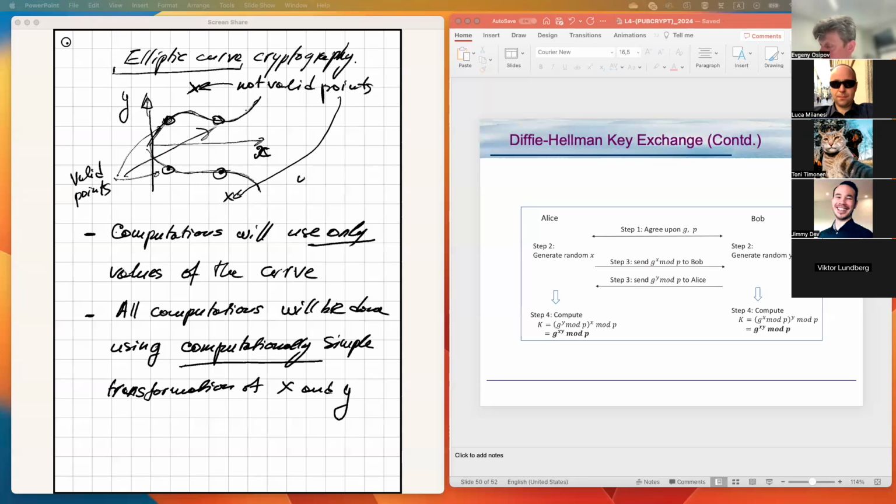So y square equals x cube plus ax plus b. So this is our equation. Y square equals x cube plus ax plus b.